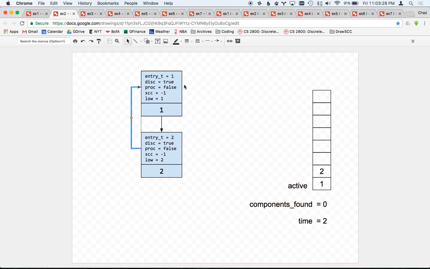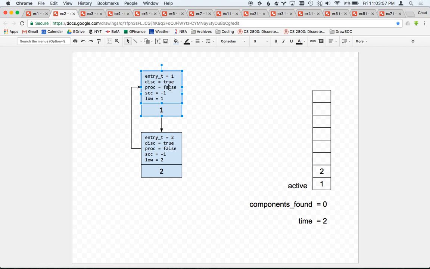Now, in this case, discovered for vertex 1 is true, and the entry time for vertex 1 is less than the entry time for vertex 2. So when that happens, we have discovered an edge that leads from the vertex we're exploring back to an ancestor of that particular vertex.